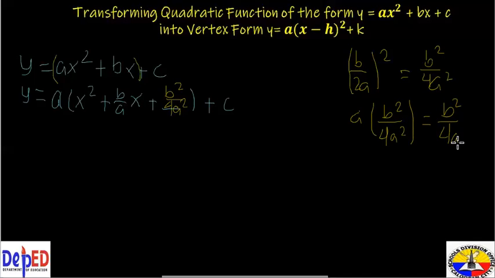So we subtract b squared over 4a as well.